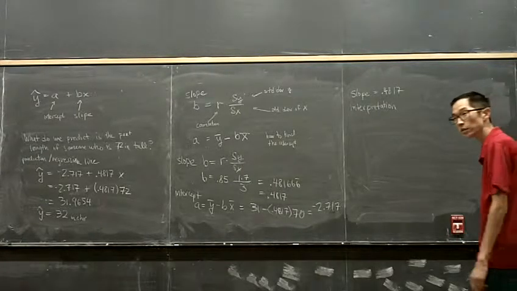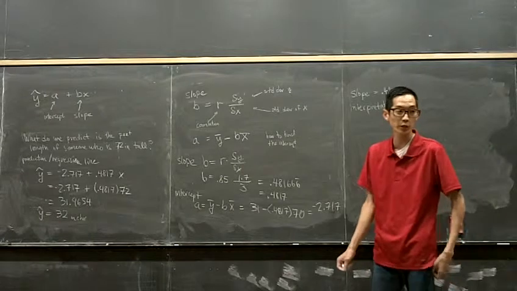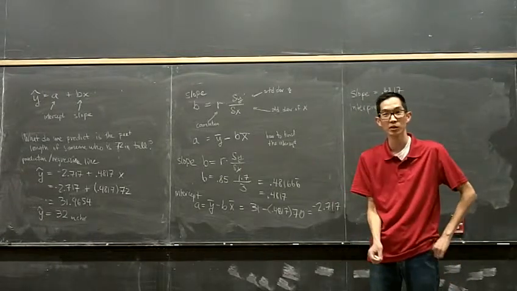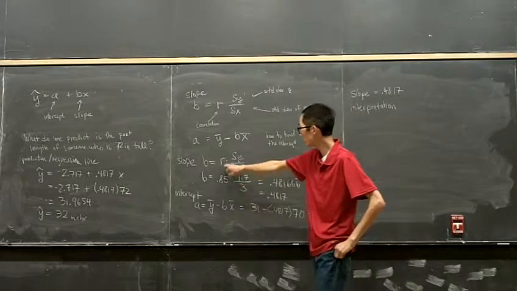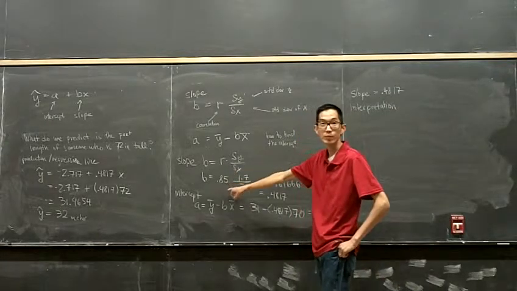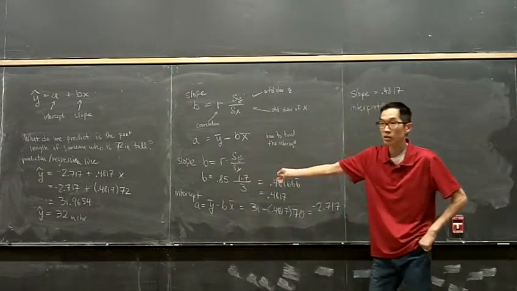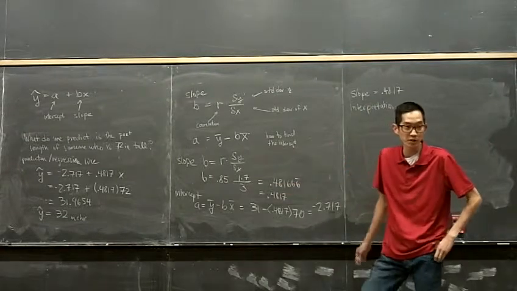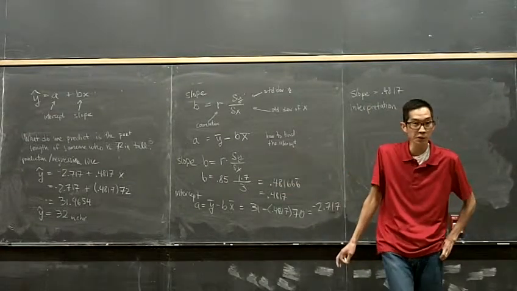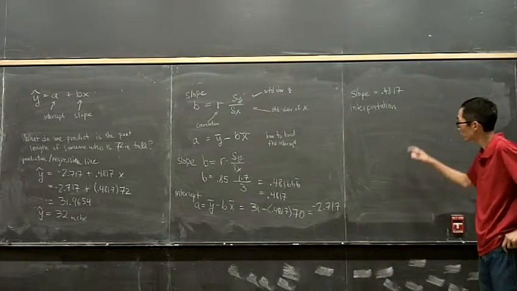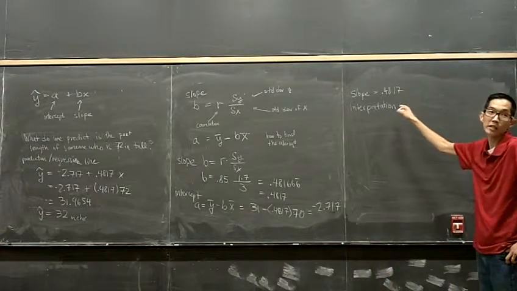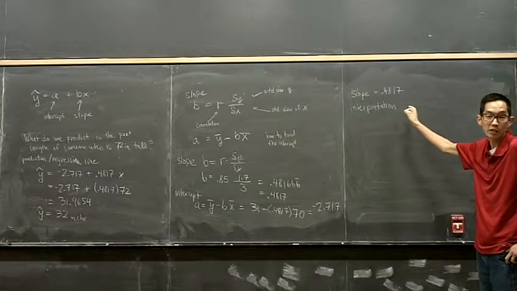No, the slope doesn't tell us anything about the strength of a relationship. Where do we find out the strength of a relationship? R. R is what? 0.85. So that means it's pretty strong. It's a pretty strong relationship because it's a lot closer to 1 than it is to 0. So the slope doesn't tell us anything about the strength of a relationship.